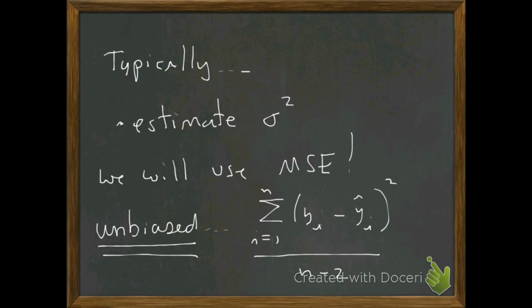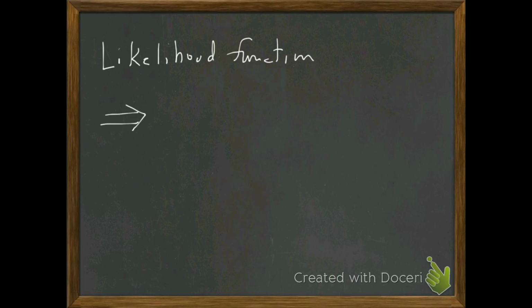All right, gang. So guys, what we do is we take the likelihood function. Hopefully you're playing along with me here and you know what's coming up next. What's the next step?